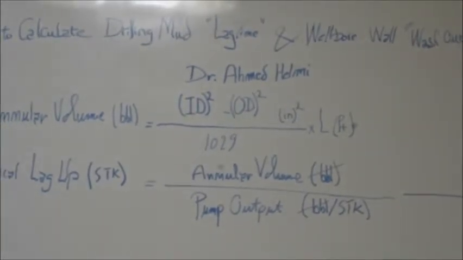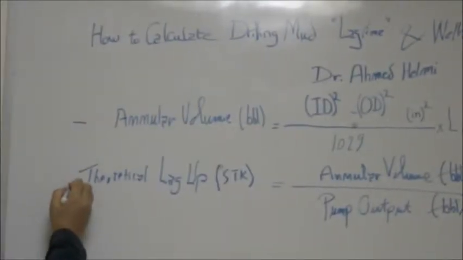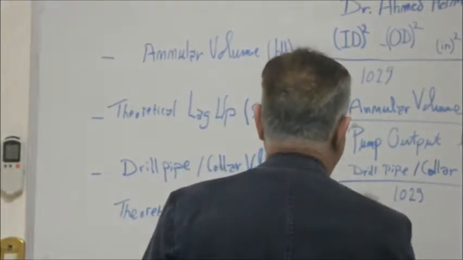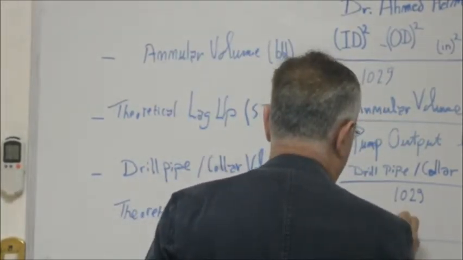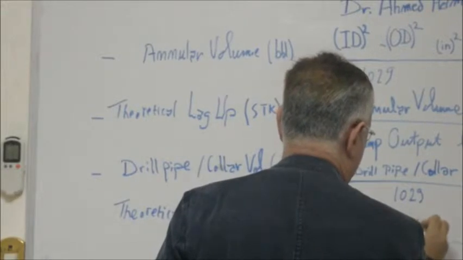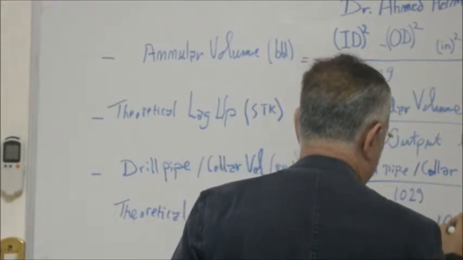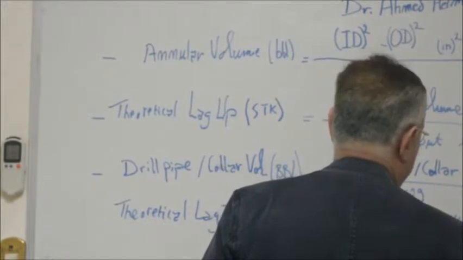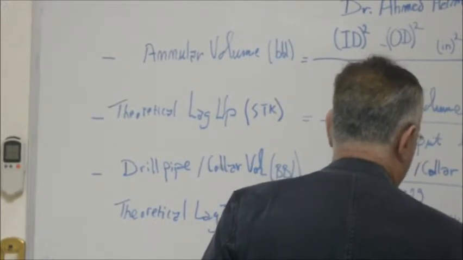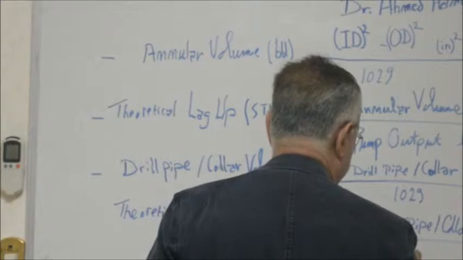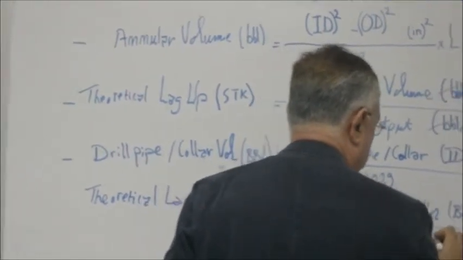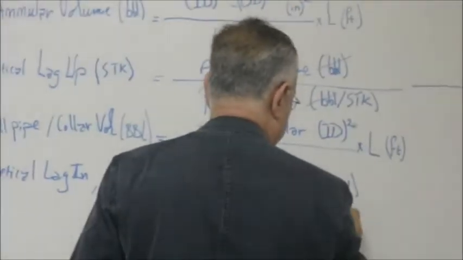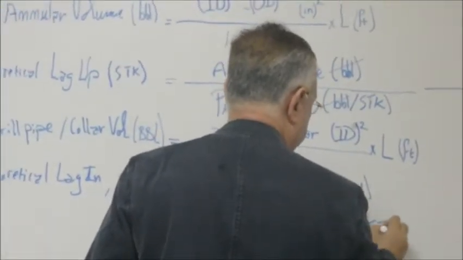Third step. So this was the first calculation, second calculation. Third calculation, we'll divide this volume, drill pipe and drill collar, in barrels by the pump output from the data sheet in barrels per stroke.